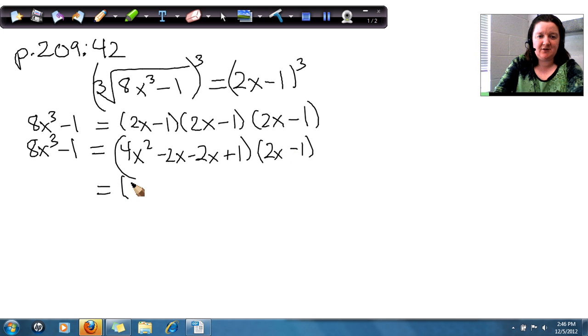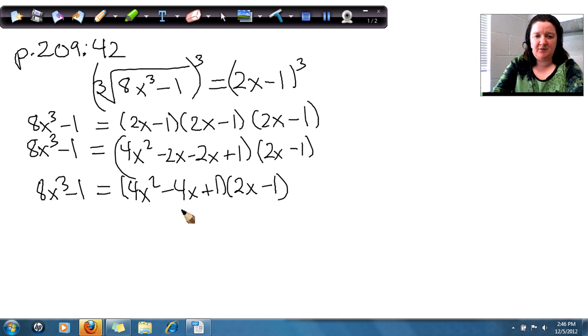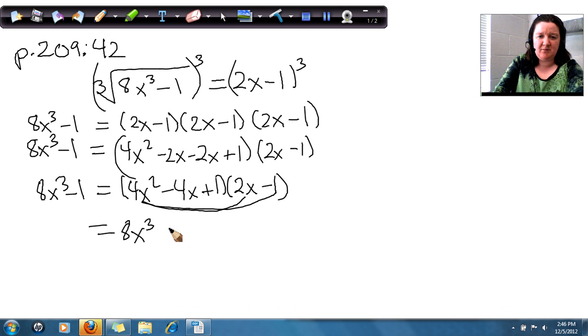So let's combine our like terms. 4x squared minus 4x plus 1 times 2x minus 1. So when I FOIL that, I'm going to get 8x to the third minus 4x squared minus 8x squared and plus 4x plus 2x and then minus 1.